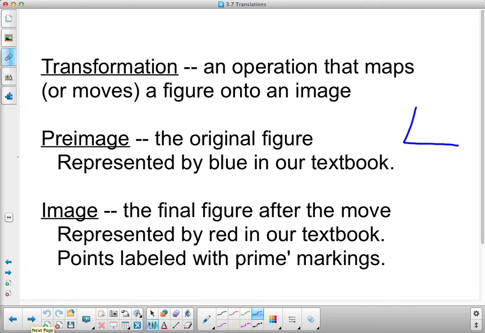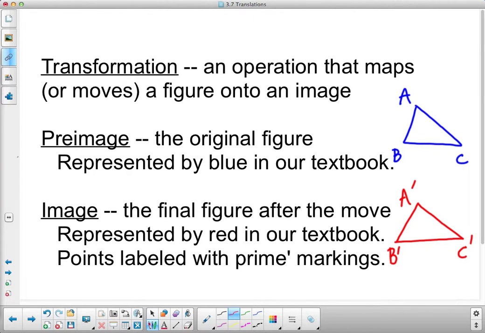Let's just make a simple triangle. If the original triangle is A, B, C, then when it's moved, I'll just slide it down for instance. This would be A prime. That little tick mark in this situation is just prime. B prime, C prime.